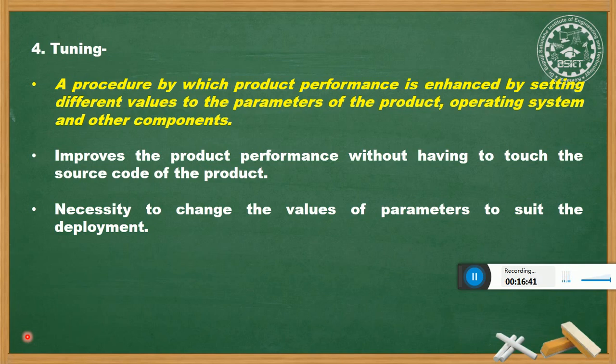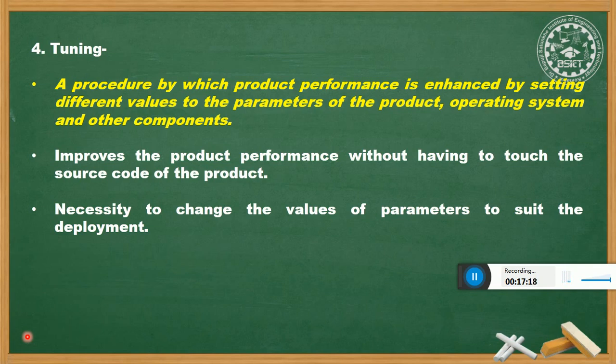but this performance has to be checked on the basis of different parameters of the product. So we have to consider different values for those parameters, which will help us to understand at which value we can get good performance of the system.